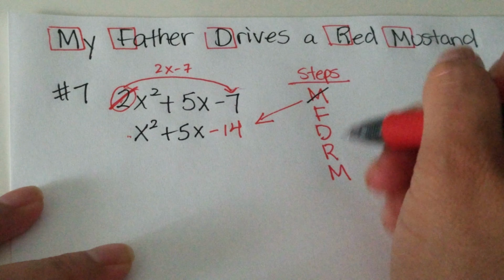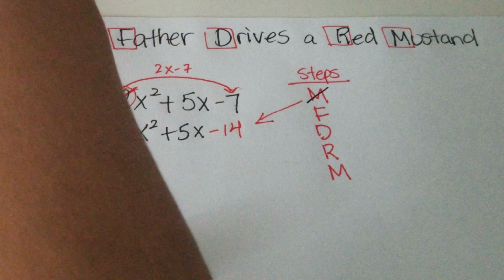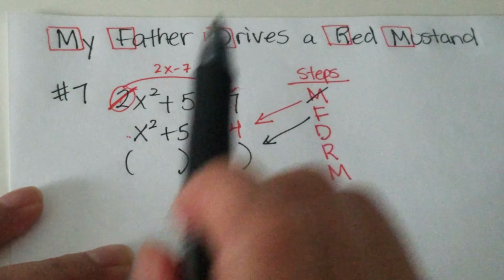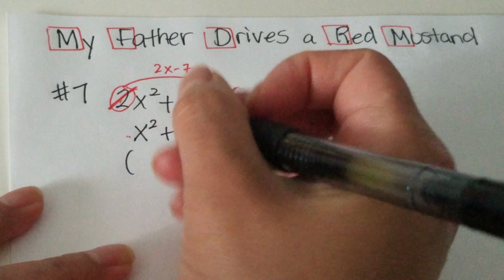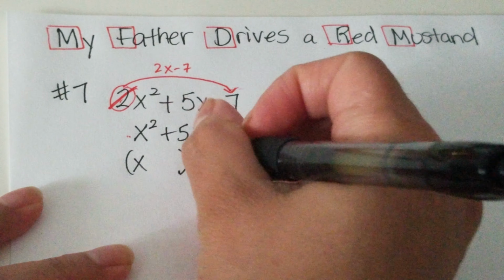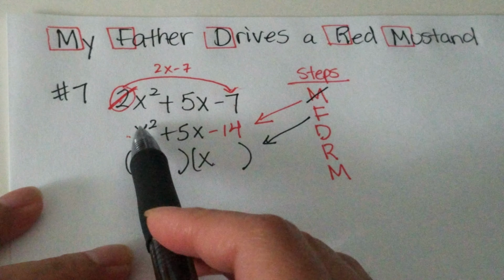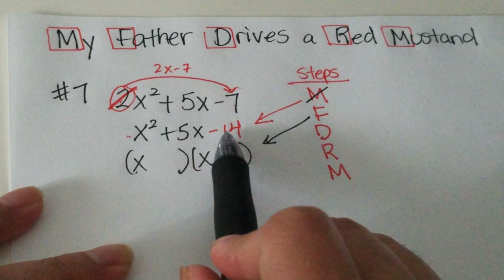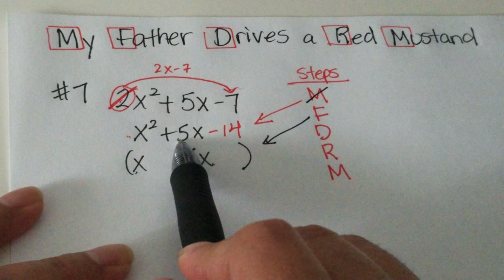And then the next step is to find the factors, and that's when we have the two parentheses like this. We're gonna find those binomials. So factors of x squared will be x times x. X times x will give you x squared, right? And factors of -14 that add up to 5.